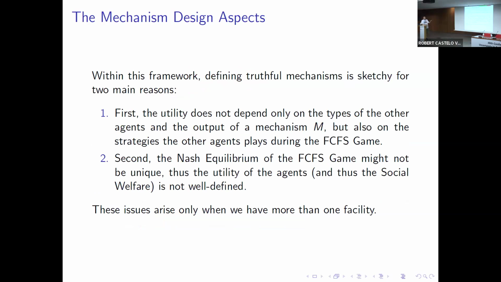But in this case, there is no true definition of what the optimal outcome is or what the social welfare of the mechanism actually is, because it depends on the strategies of the agents, and we cannot control them in this case. And again, notice that this issue only arises when you have more than one facility, because if you have just one, everybody's going to play the same strategy. You can predict that, and it's very much easier.